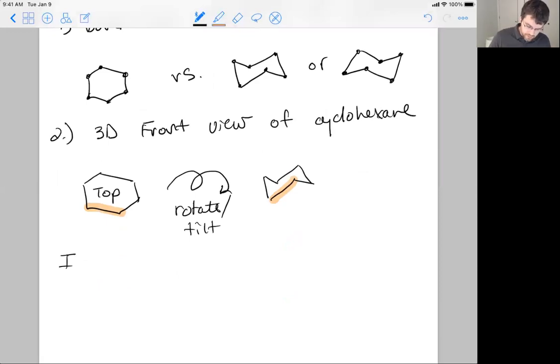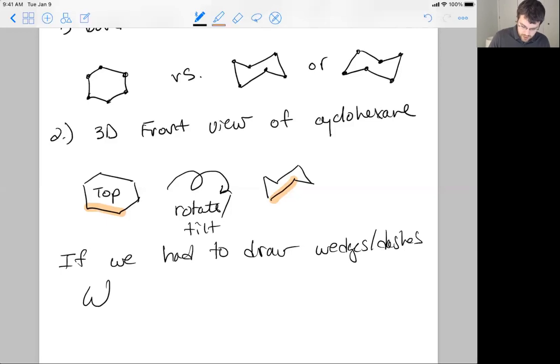So if we had to draw wedges and dashes, we usually should not, I should emphasize.